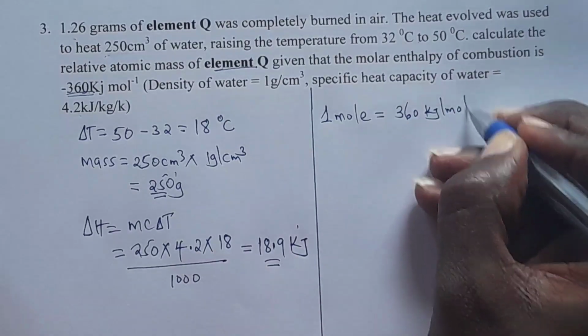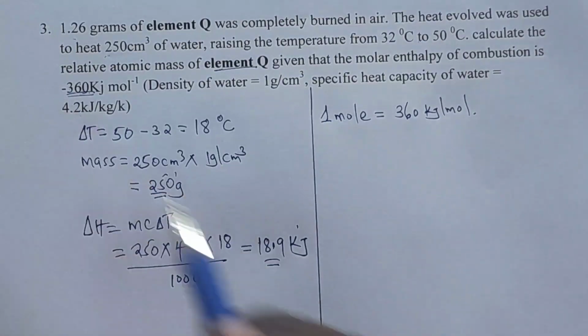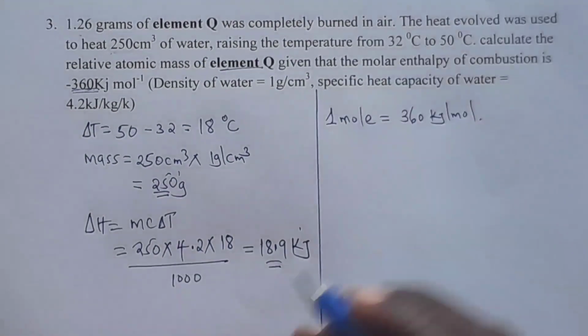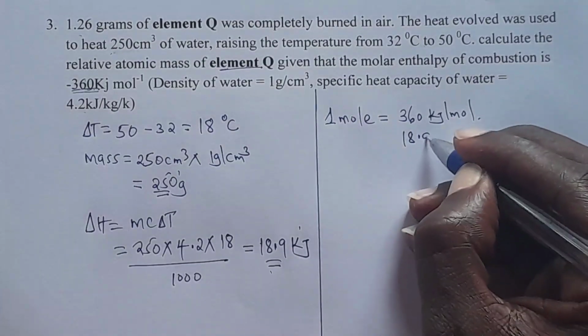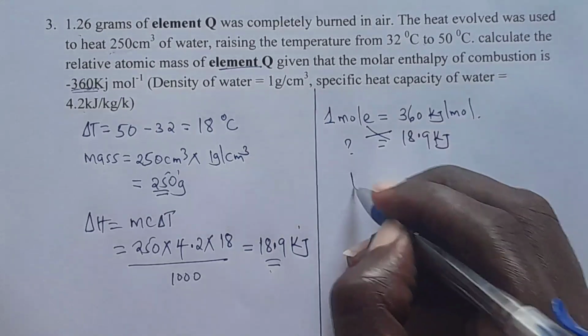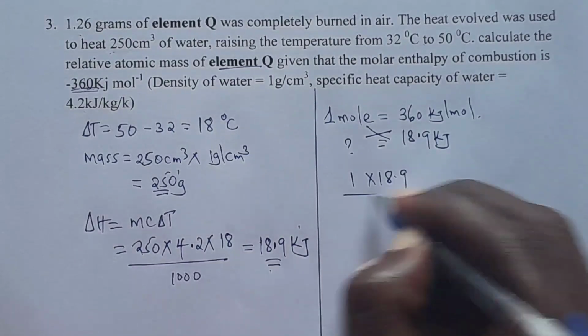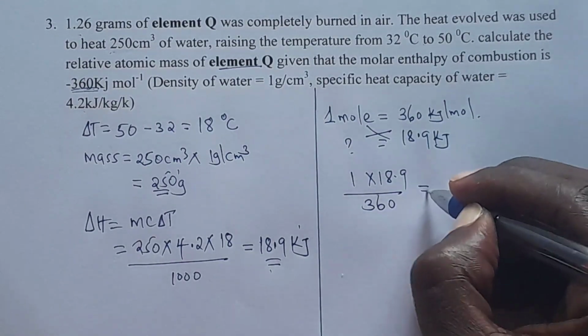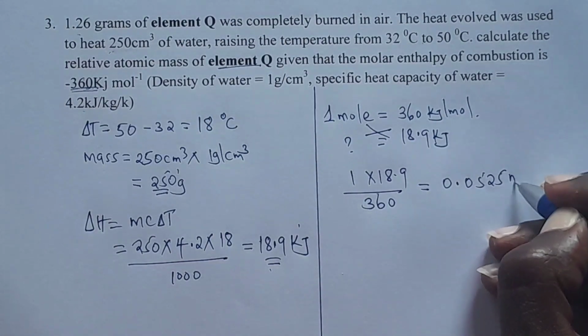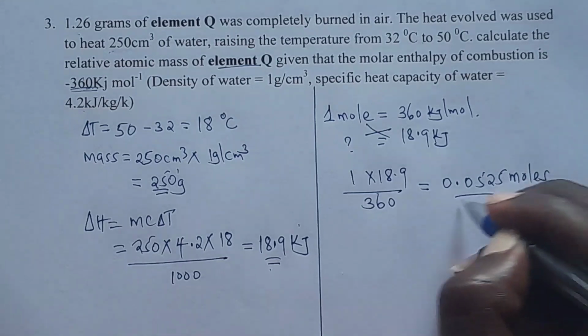I'm not supposed to take the negative; it only shows whether the reaction is exothermic or endothermic. So this heat energy, what amount of moles can it give me? I cross multiply: 1 times 18.9 divided by 360 gives the number of moles to be 0.0525 moles of element Q.